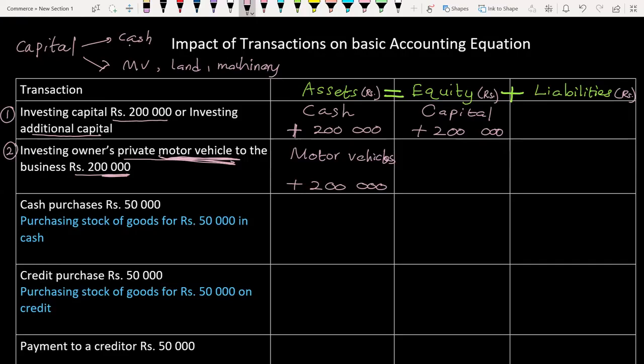In other words, equity increases. Therefore, we can say that equity increased by rupees 200,000 because of capital again. So both are capital items, cash and even motor vehicle, because they are the owner's private cash and private motor vehicle. Again, no impact to liabilities. Does our accounting equation balance? Yes. On the left side, we have plus 200,000. Even on the right side, we have plus 200,000.